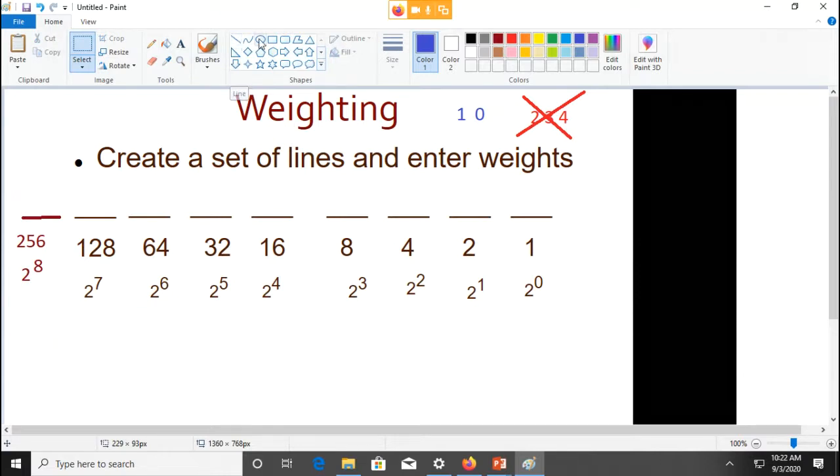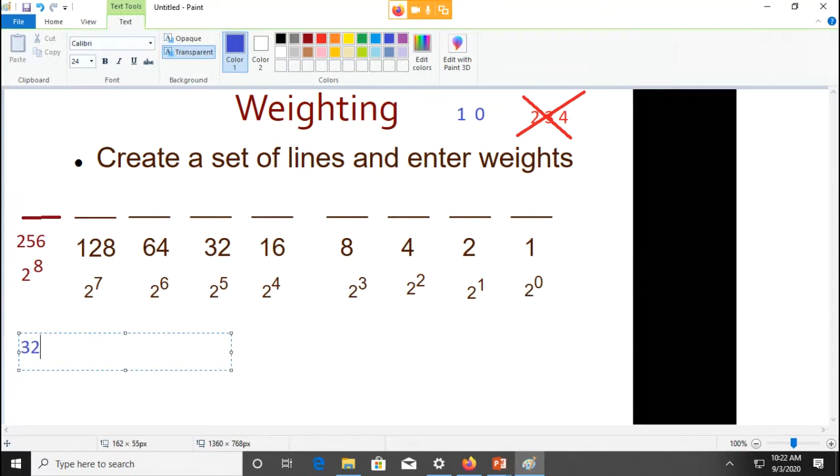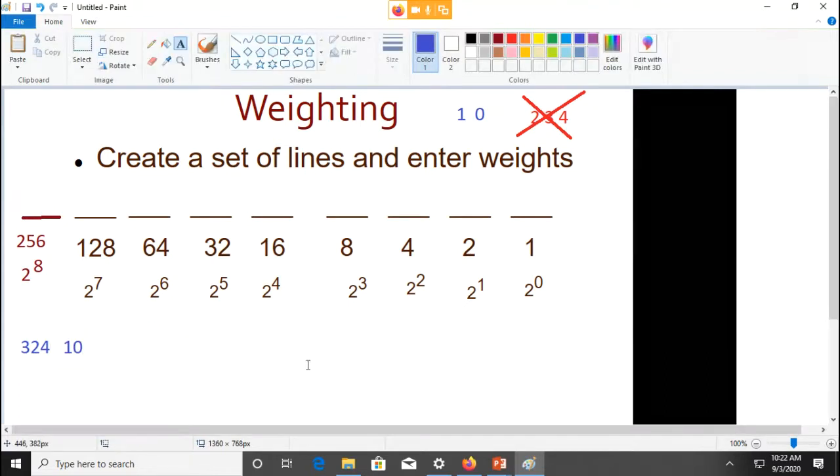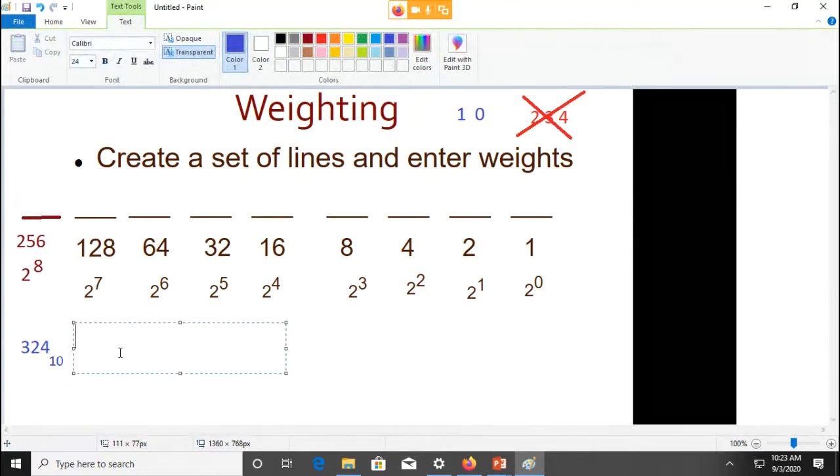So I'm going to take 324, which was my decimal number. This is 324 base 10. What I want to do is see how many times it can go into 256.